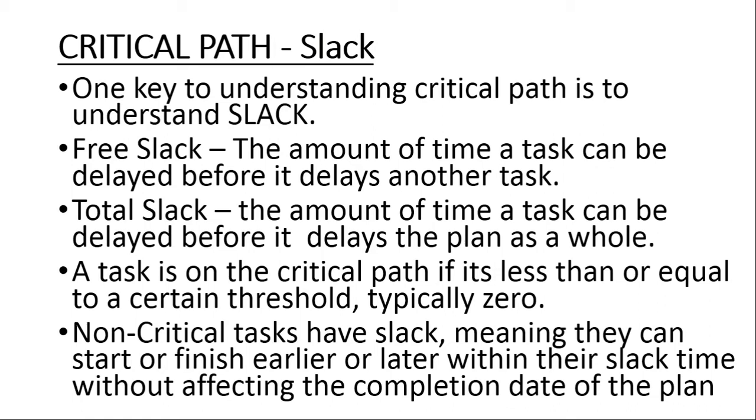There are two types of slack. The first one is called free slack. Free slack is the amount of time that a task can be delayed before it delays another task. So in other words, before it delays the next task.